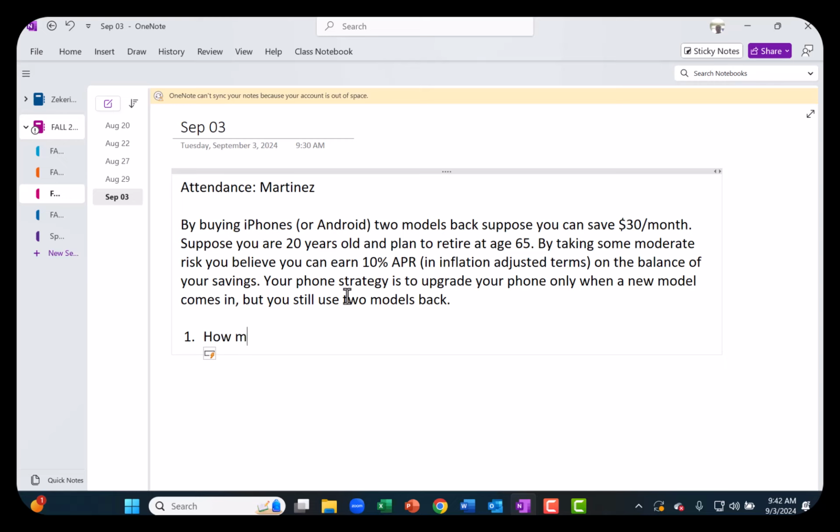One, how much money you will have in your stingy phone savings account when you retire at age 65.